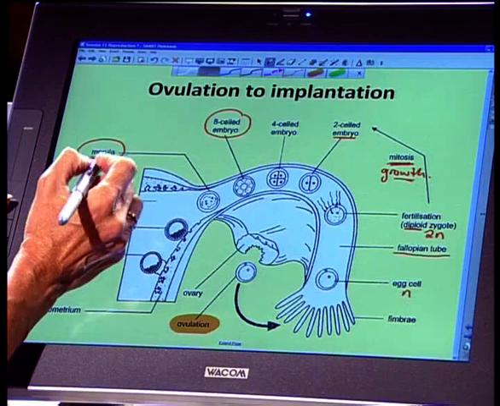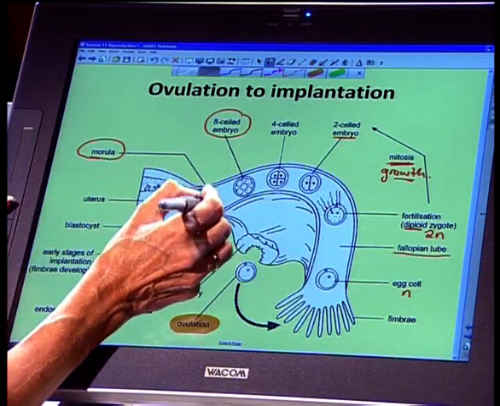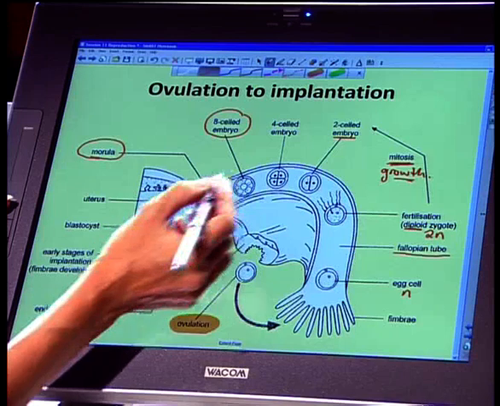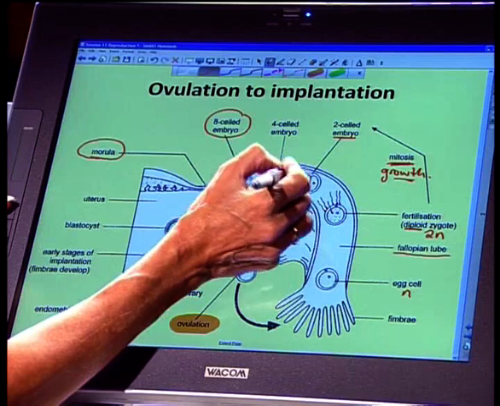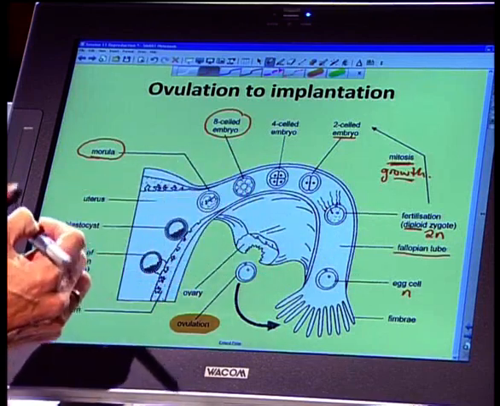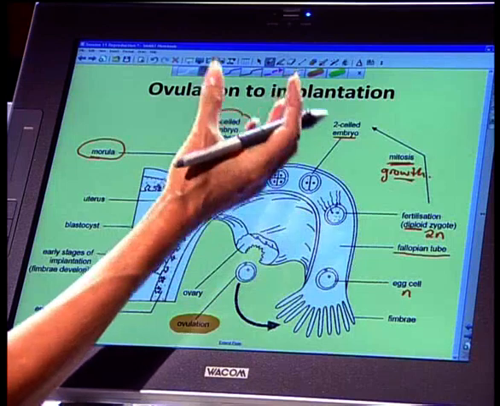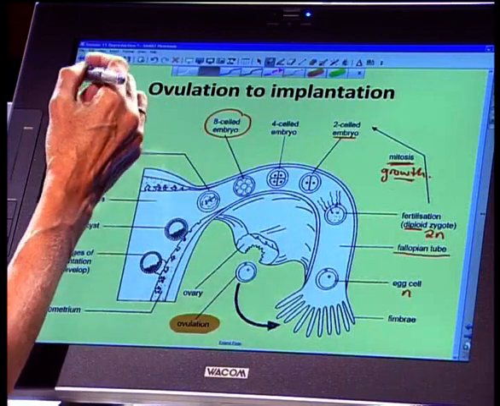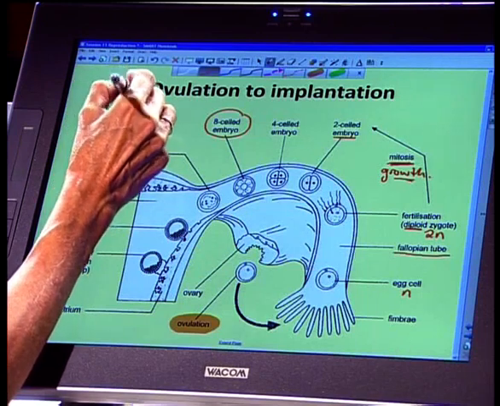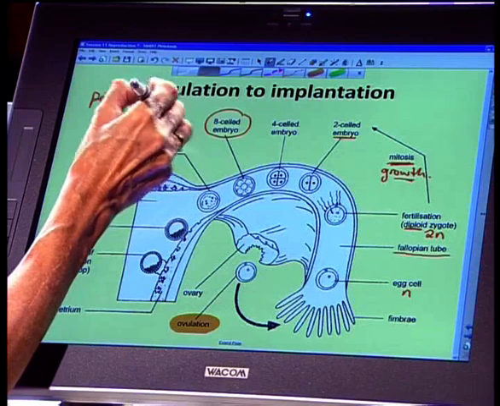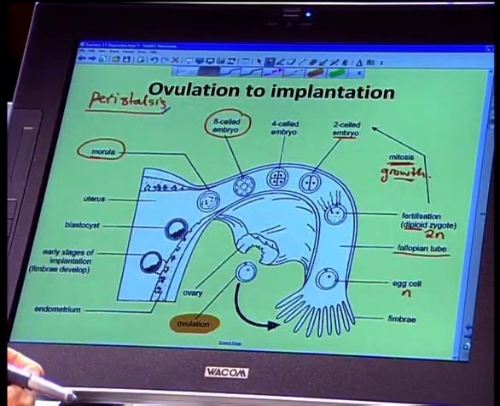And the morula is our first real structure. But you see how it starts to move along, and it's pushed along the fallopian tube by little contractions which are very similar to peristalsis. Remember, you did peristalsis when you did nutrition?